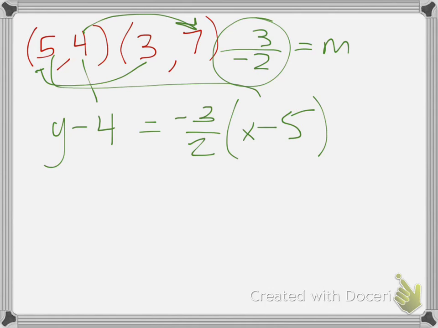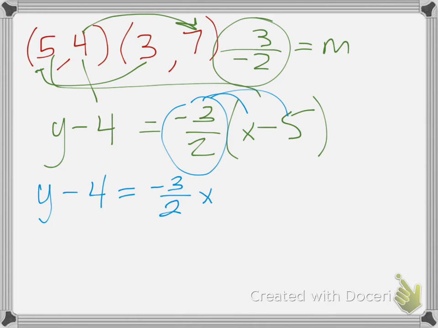Or we could then convert it into a form that we are more comfortable with. So we could say, hey, this is y minus 4. I'm going to distribute the -3/2. And then if I look at 5, that's 5/1. That would give me plus because they're both negative. And I would get 15/2.